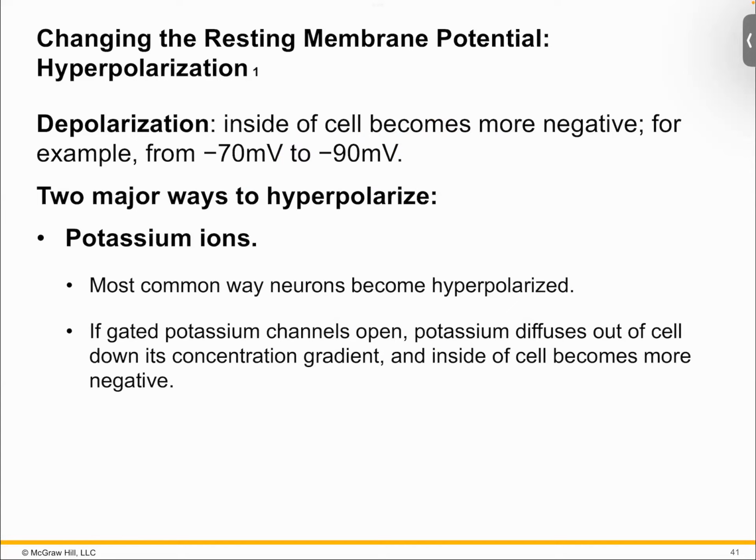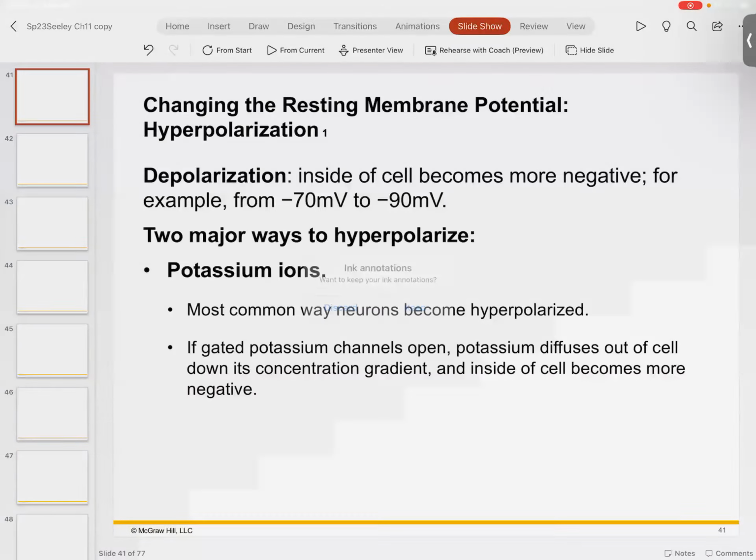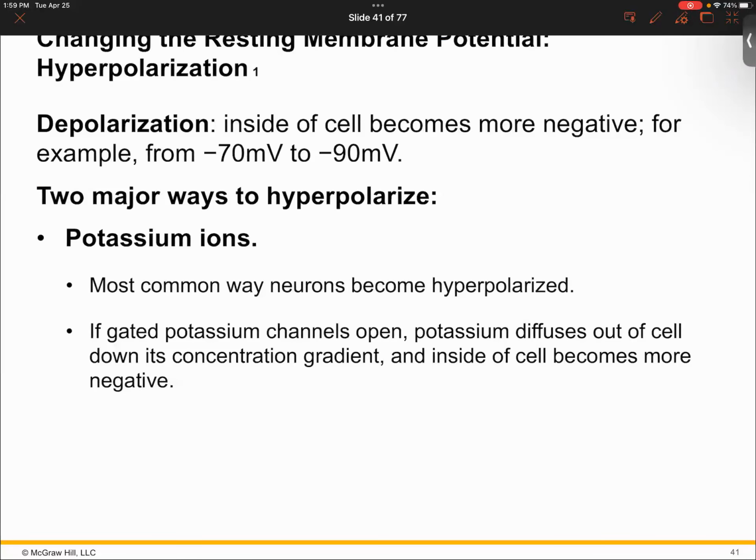So once you depolarize, you have a depolarization. No, this is wrong. This should be hyper.